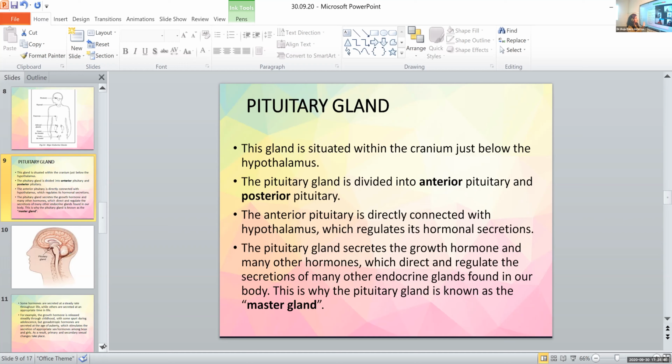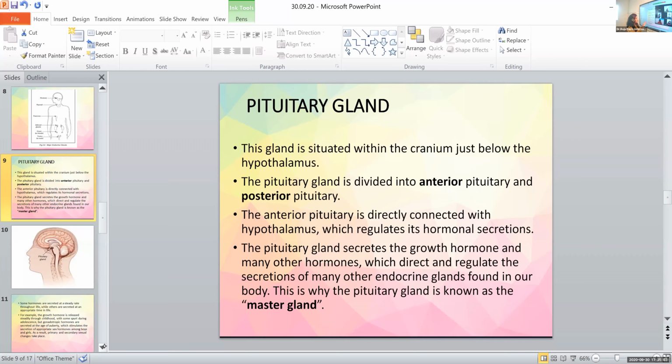They have to wake up according to the calls of the pituitary gland. If the pituitary sends a call to the thyroid gland, then the thyroid gland has to produce its own hormone. If the pituitary gland sends messages to the adrenal gland, then the adrenal gland has to produce its own hormone.